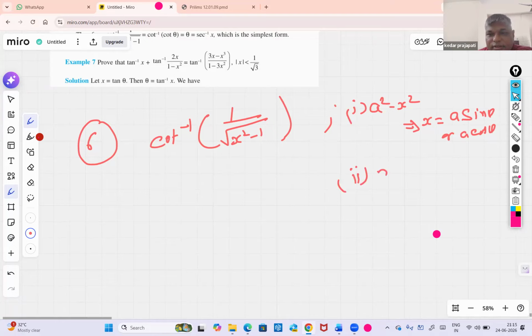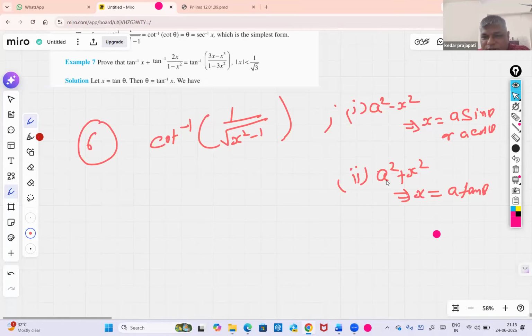The second one is a square plus x square. So you will be writing x equal to a tan theta, because once you solve it, it will come in the form a square plus a square tan square theta.